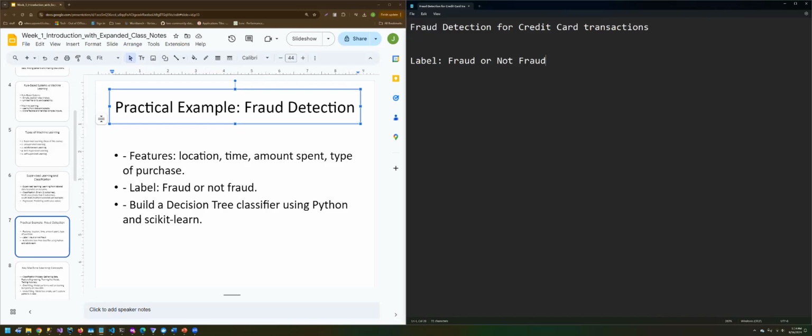In order to predict that, we need data. And so the question is, what data, right? To answer this question, you actually need to look at what data you have when a credit card transaction is made.